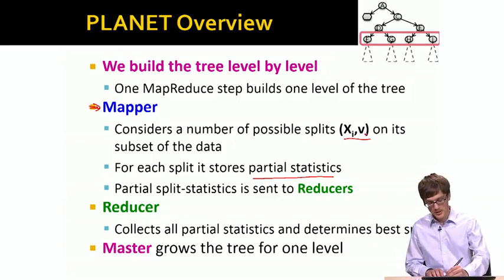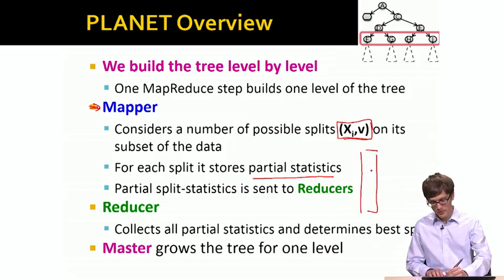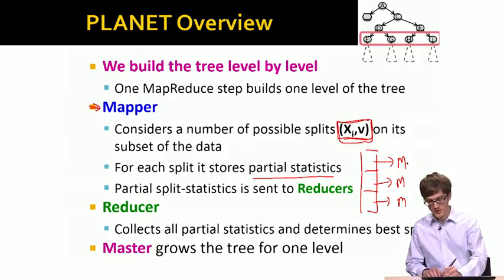So basically the idea is that given a particular feature and a particular split value, if I have our big input file that is split into chunks, each chunk is sent to a separate mapper. This mapper will compute some statistics of, for this given attribute and this given value, what is the quality of the split.